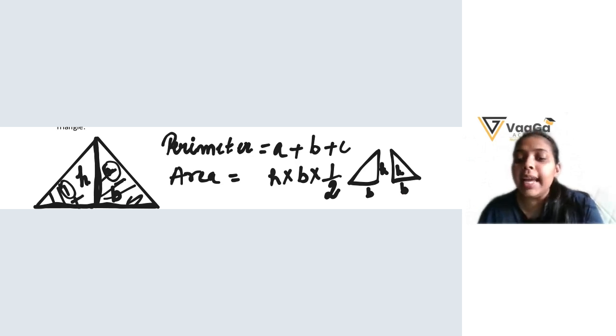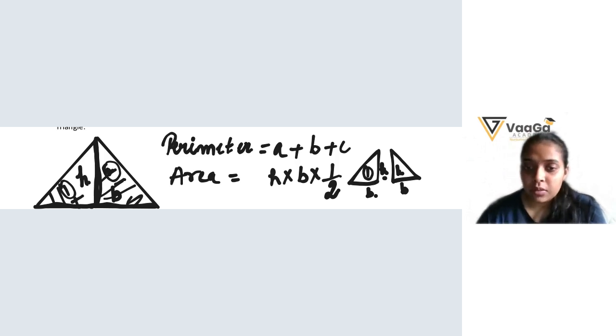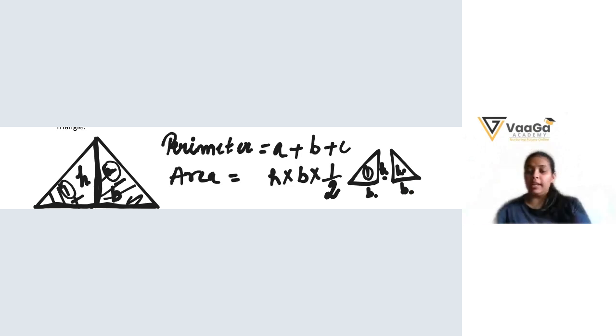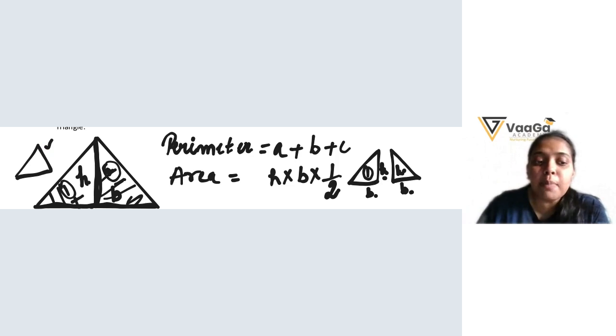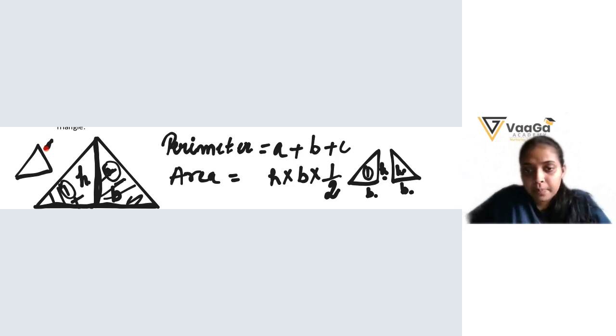If I need to calculate the area of this triangle, I'll do h times b, no? And similarly for this triangle, h times b. Now these two triangles are from the one triangle only. When I join these two triangles, I'll get this triangle back, one big triangle.